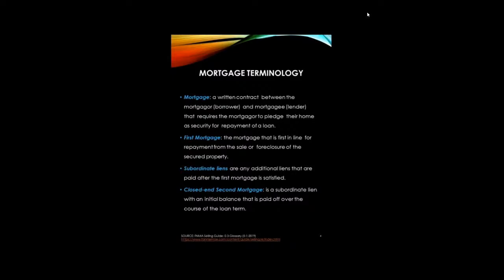In another scenario, if you owe $200,000, but the home is being sold for $150,000, the first mortgage is $100,000. That's going to be paid 100%, and the second loan, which is another $100,000, will now only get $50,000 because there's no more money left when they sell that property. I'm going to go over some examples a little later, so you can visually see what I'm talking about.